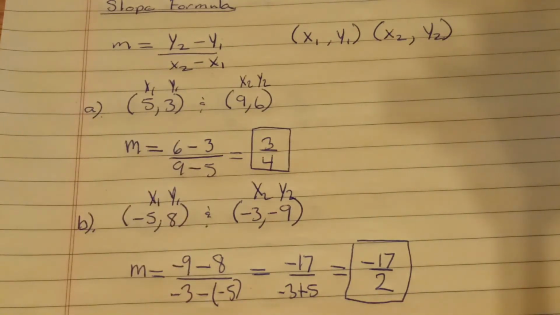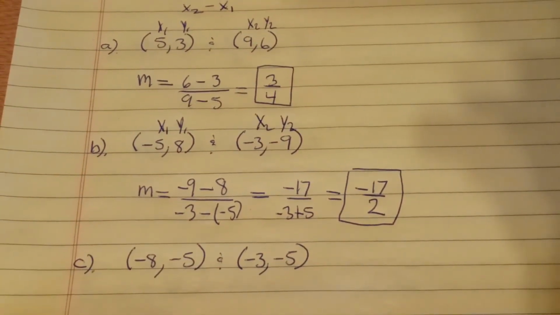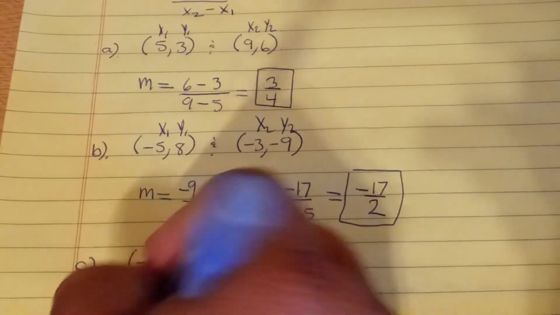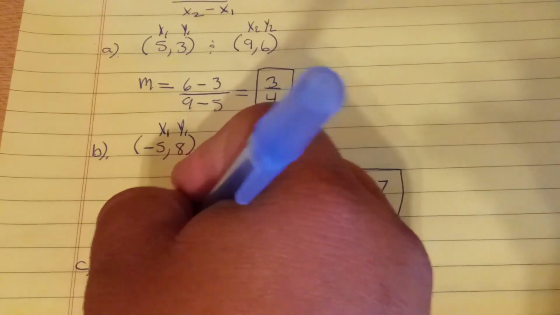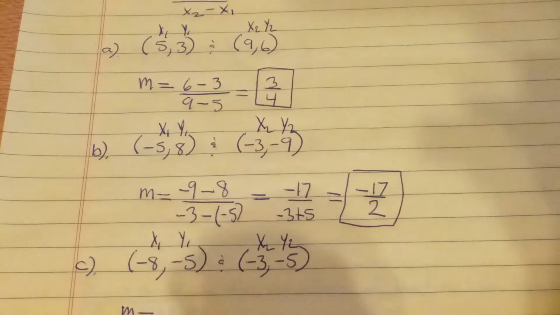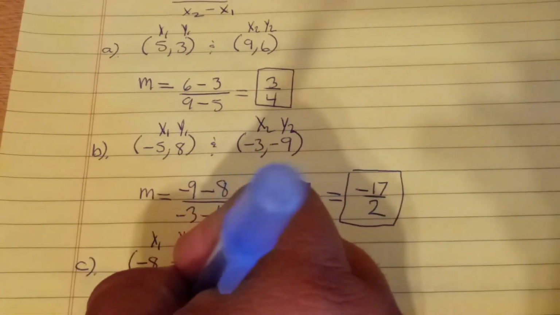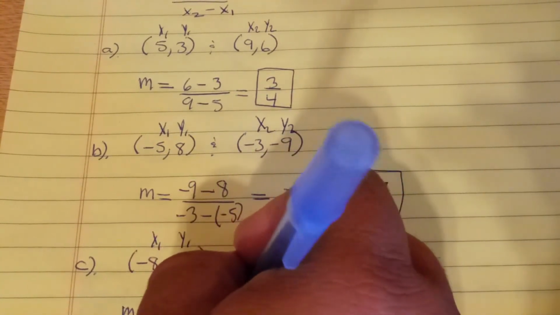Now, you could ask yourself, could we have slopes of 0? Yes, you can. And our next example right there is a perfect example of that. So once again, label this. This is x to the first, y to the first, x to the second, y to the second. So here, y to the second is negative 5, minus y to the first, which is also negative 5.